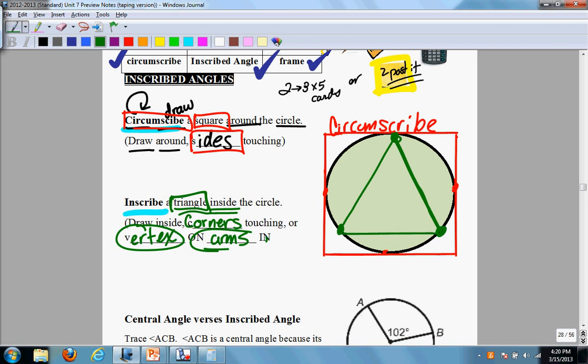That triangle is inscribed. That is an inscribed triangle. So inscribed specifically means the vertex is on, and then when you have angles, the arms are in the circle.